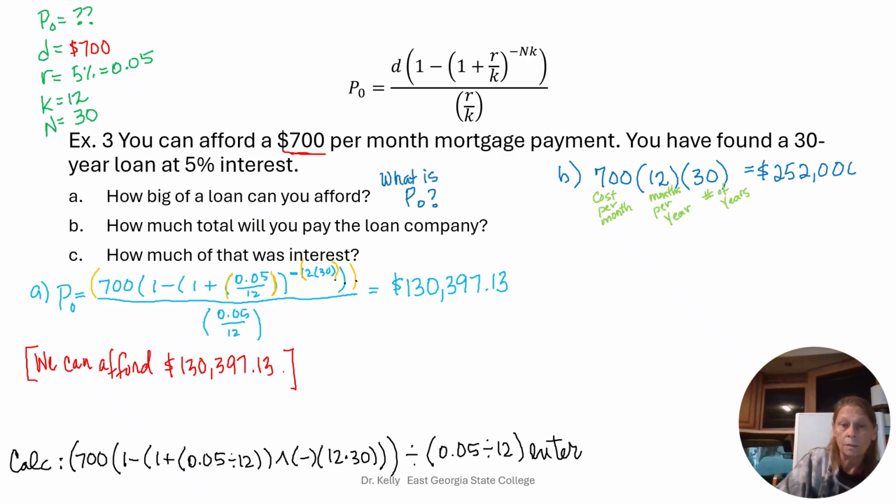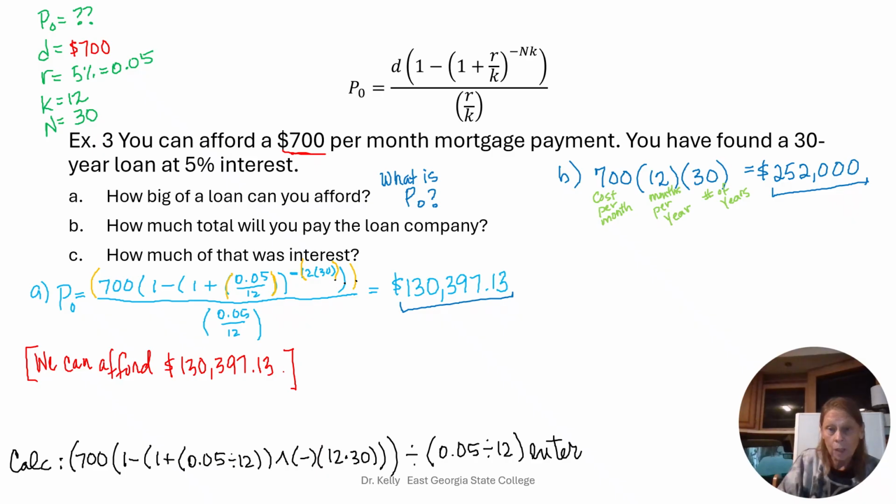So yes, for your $130,000 home, you're going to pay $252,000 when it's all said and done. Mortifying, isn't it? Anyway, it is what it is. It costs a lot of money to borrow money.